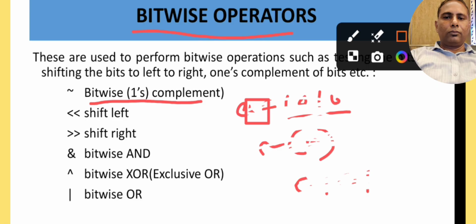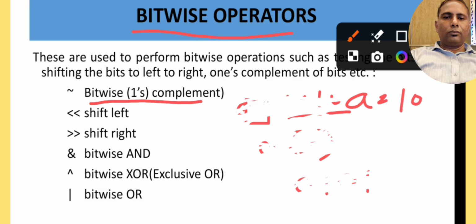Left shifting means, for example, if we have a is equal to 1010, and I want to shift a by 1, then these numbers will be shifted by 1. So what will this become? This will become 10100.